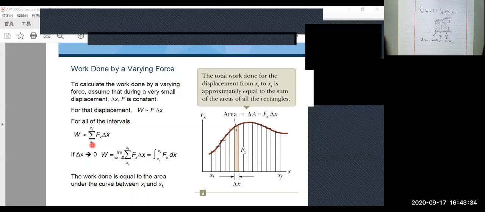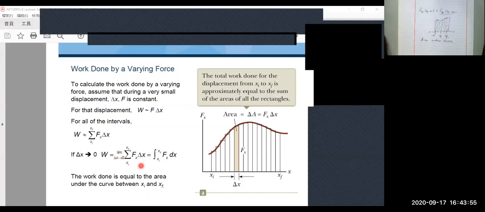So we add up all these rectangles. And according to calculus integration, if the delta x is very small, then we could rewrite the equation like this.